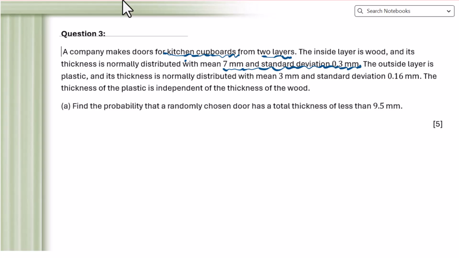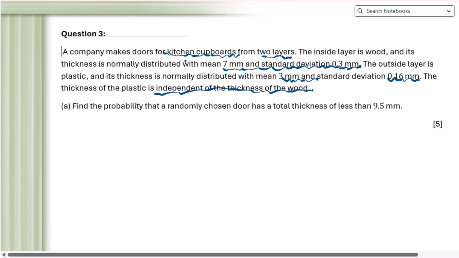The outside layer is plastic, and its thickness is normally distributed with a mean 3 mm and a standard deviation 0.16 mm. The thickness of the plastic is independent of thickness of the wood. Find the probability that a randomly chosen door has a total thickness of less than 9.5 millimeters.